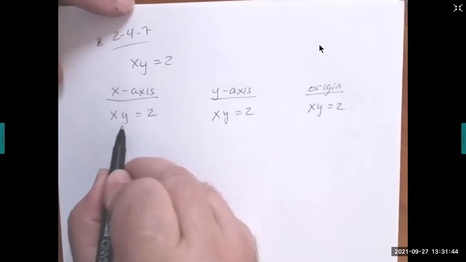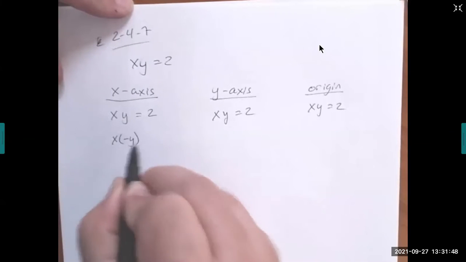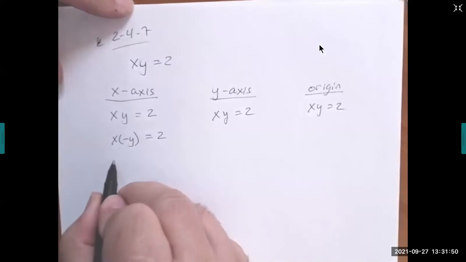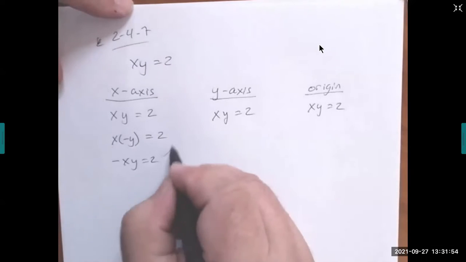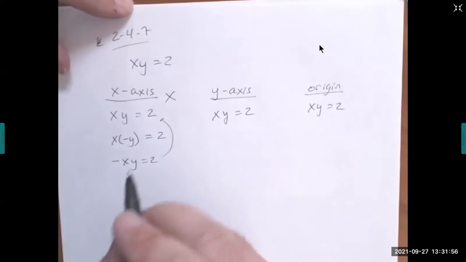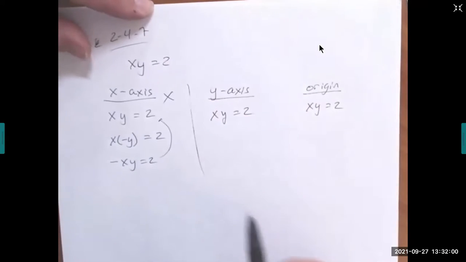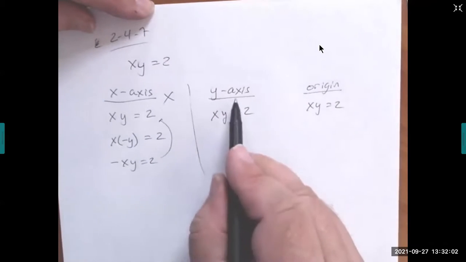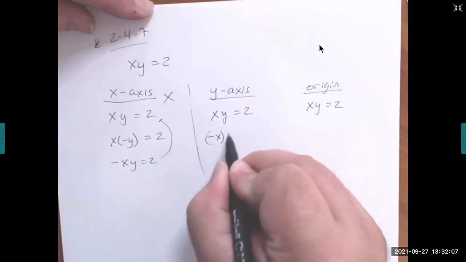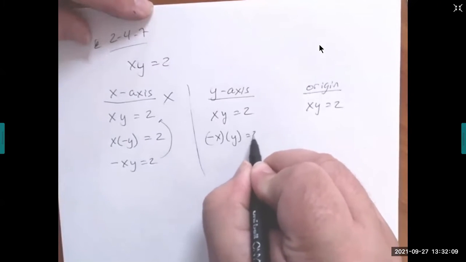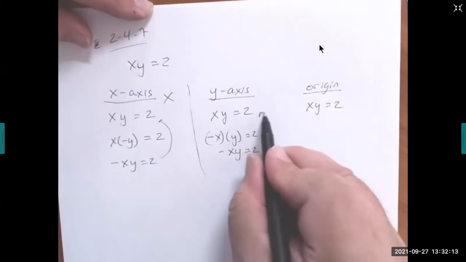So for the x-axis, I got to change the y to negative y. That becomes negative xy equals 2. Not the same, so no. For the y-axis, got to change the x. There's negative xy equals 2. Again, not the same.